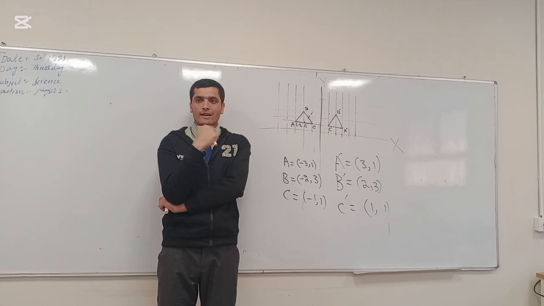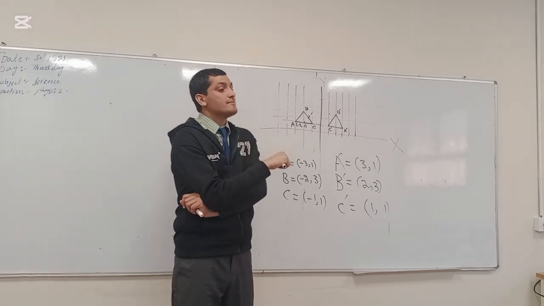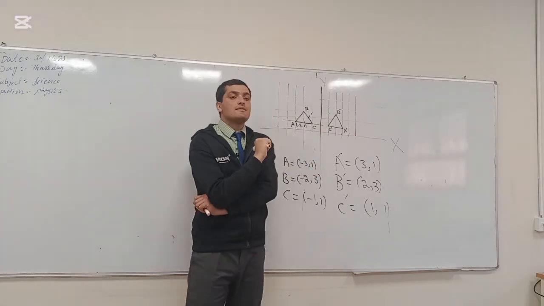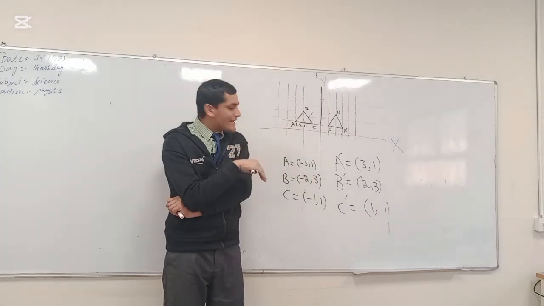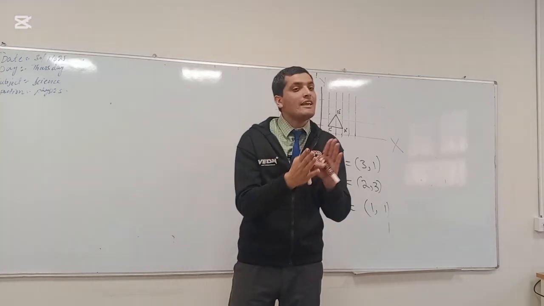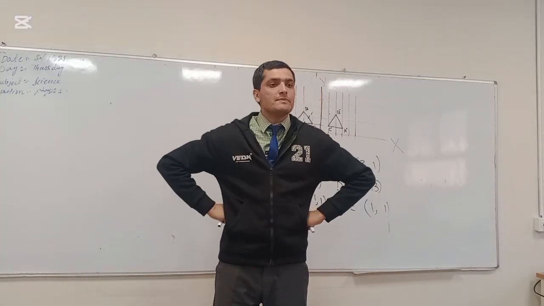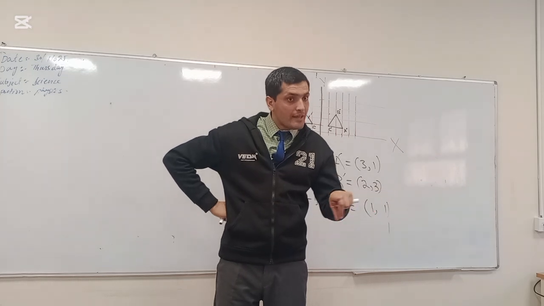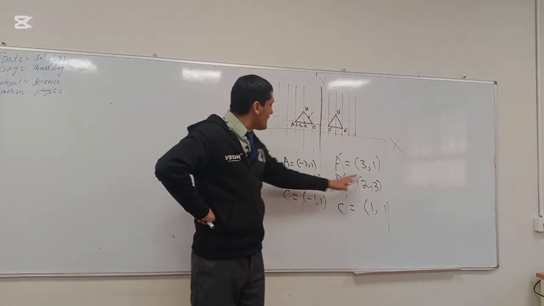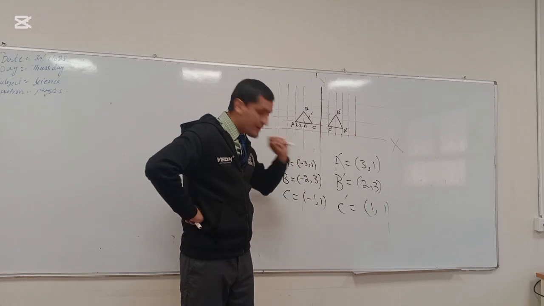If anyone answers this, I will really appreciate it. Great. So all the y's are the same. Only the x has changed, and the change is only the sign. Positive became negative, and negative became positive. So this becomes -3, this becomes -2, and this becomes -1.